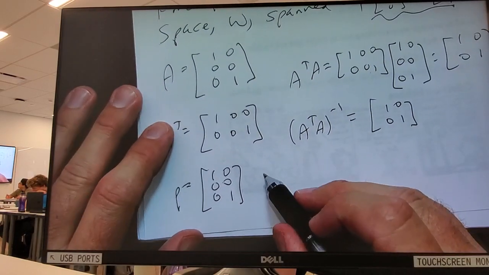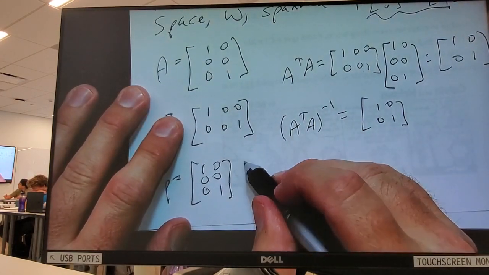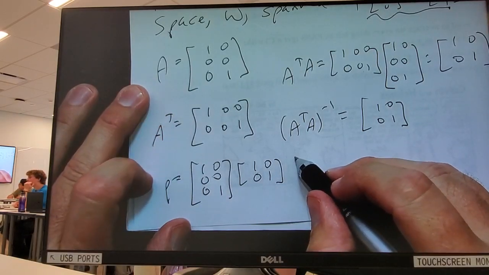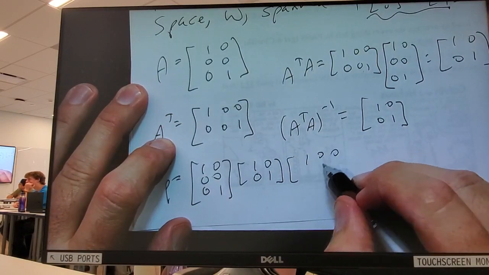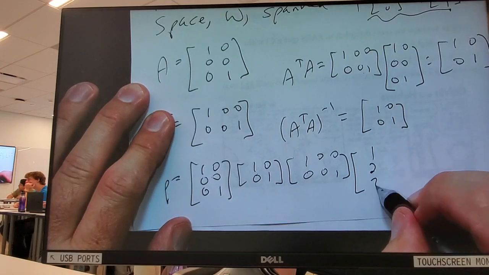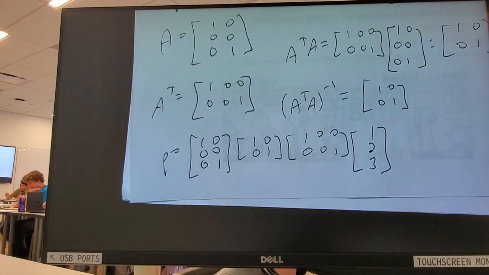Okay, so it's A transpose A inverse, A transpose, and then finally B. So if you wanted to, you could do this product.